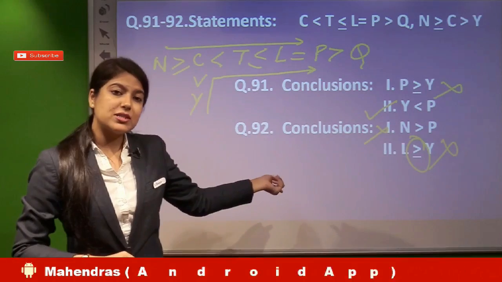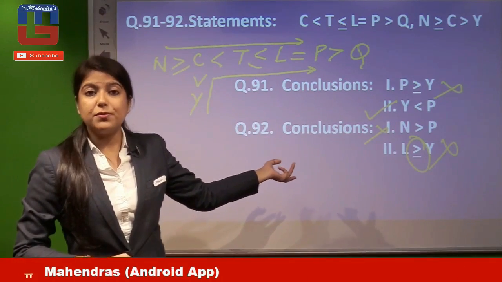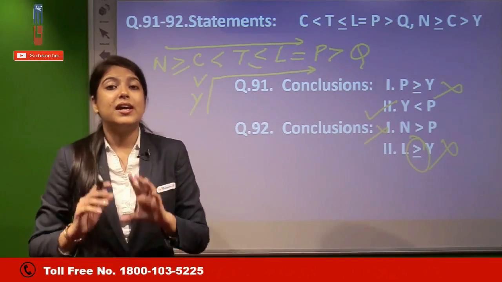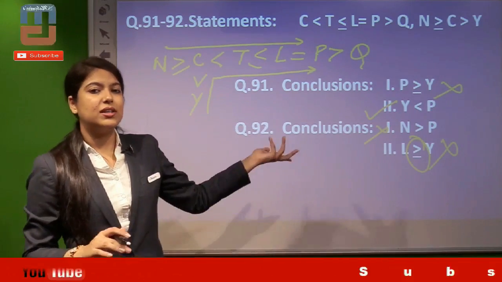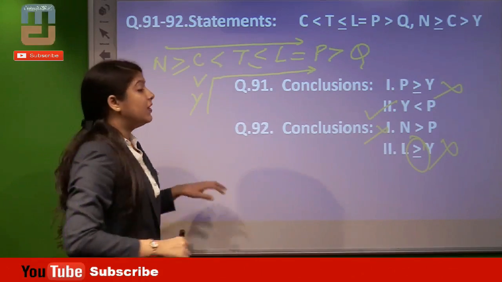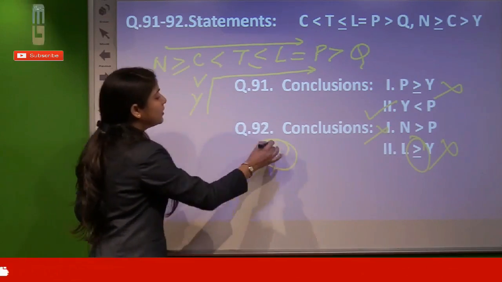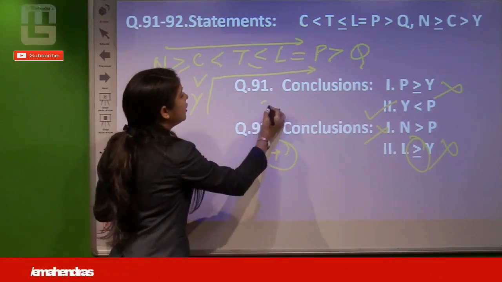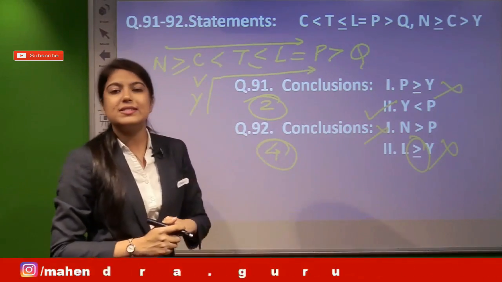Now both the conclusions are false. We will not move further for either conclusion, because the characters are also different. So here we'll directly place conclusion number 4, that was option number 4, neither 1 nor 2. And for question number 91, option number 2 would be the answer, only the second is true.